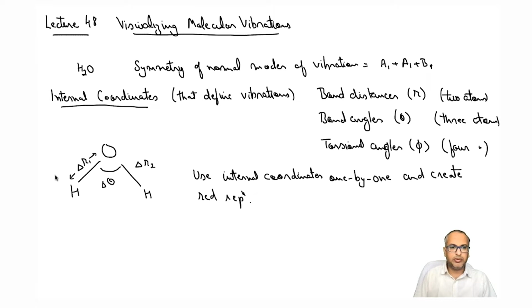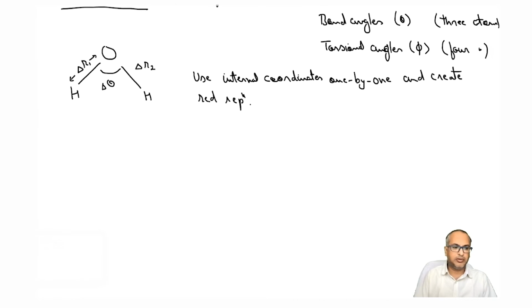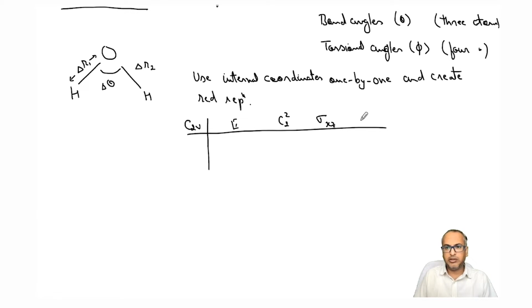So what do we get? We have the C2V point group: E, C2Z, sigma XZ, and sigma YZ. Now if I have delta R1, delta R2, these two bonds are now the basis.